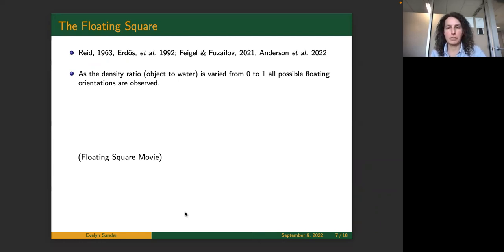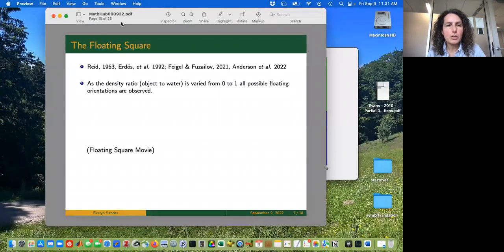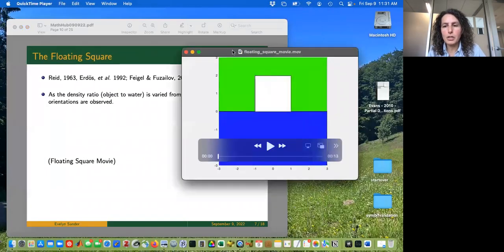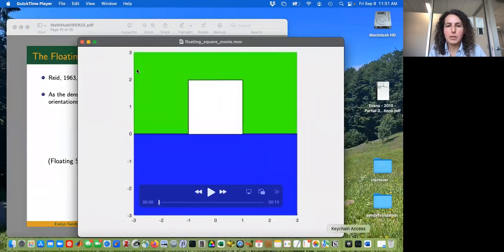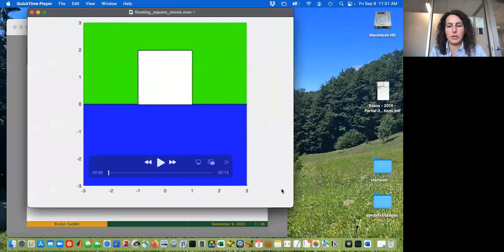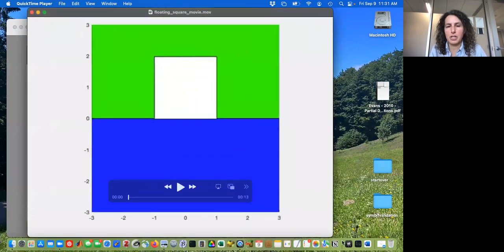And so what I want to do is show a little movie. So this is a movie of basically how the square floats as you change the density ratio.